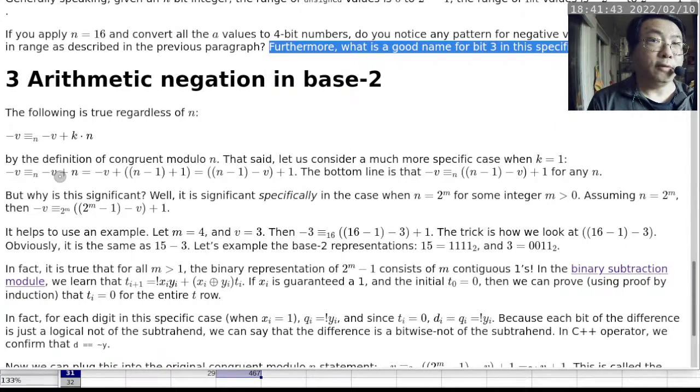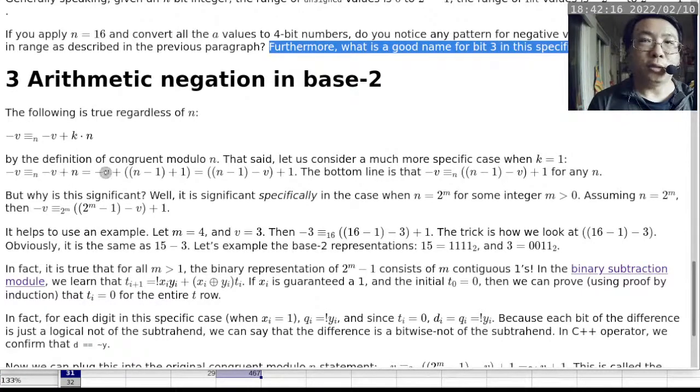So when we fix k equals 1, we can now say the arithmetic negation of v is congruent modulo n with the arithmetic negation of v plus n. That really should be easy to understand. This k can be any integer, but I choose to say, what if k equals 1? That's just a very specific case of this one here.